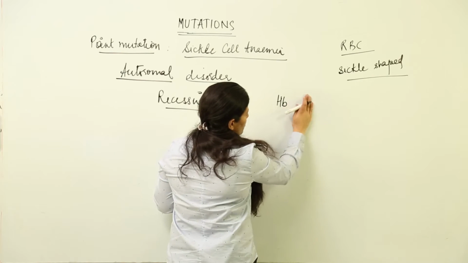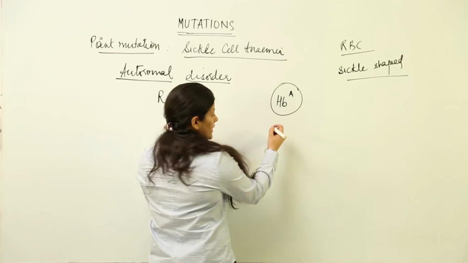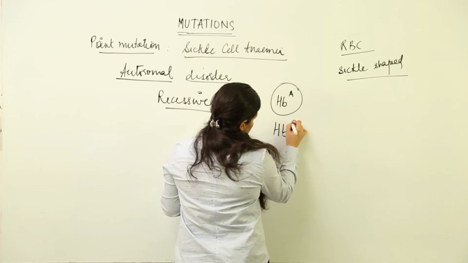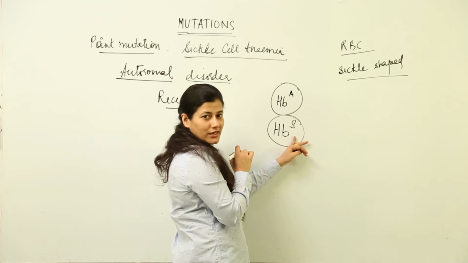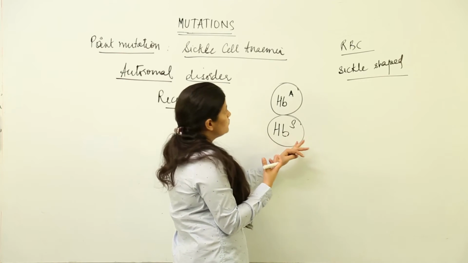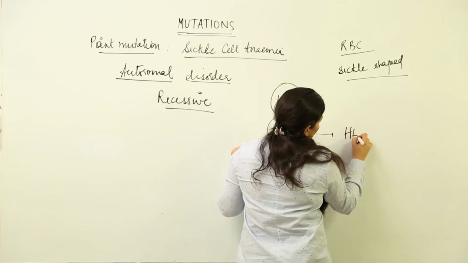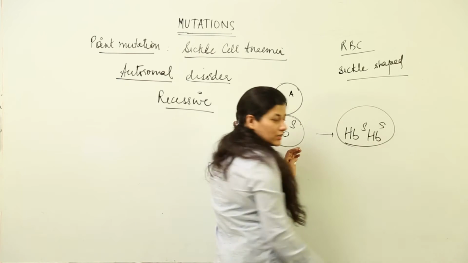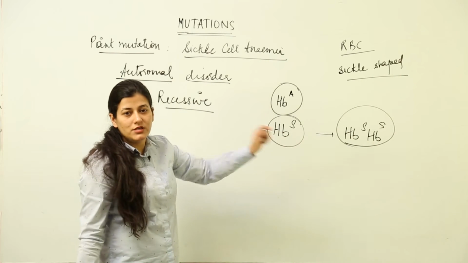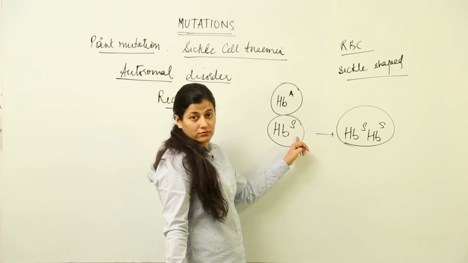Now the normal allele for this is HbA, while the mutated allele is HbS. Let this be the mutated allele which has undergone mutation. Which mutation? Point mutation. And because of this, when the individual has both the alleles like this, then it is bound to have sickle cell anemia. Now how does this allele become mutated?